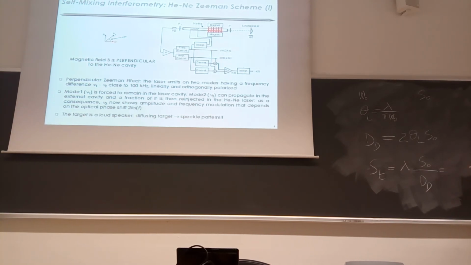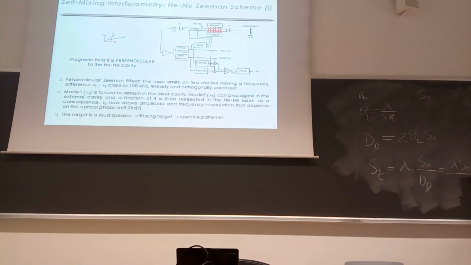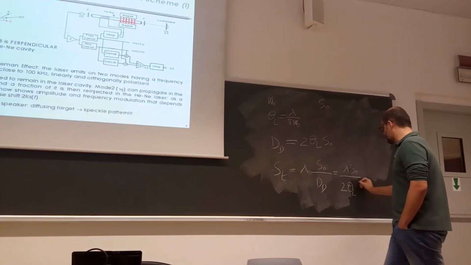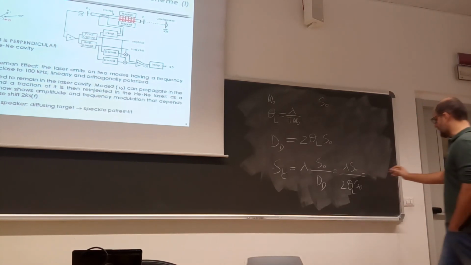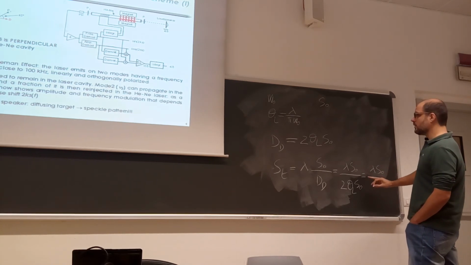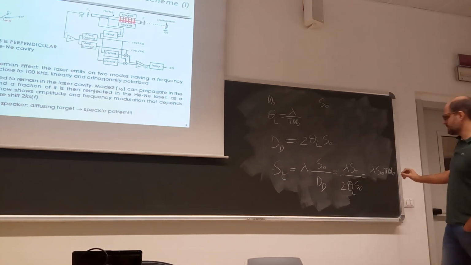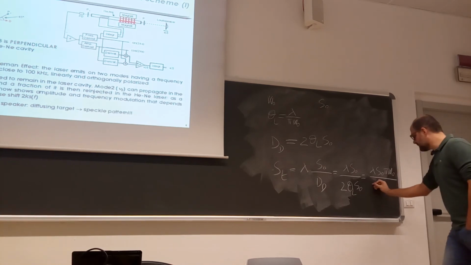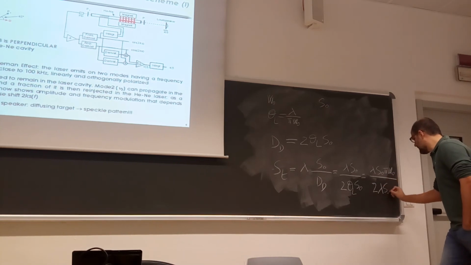So, let's go on. What we get is lambda S0 divided by 2 theta L S0, and with theta L equal to lambda over pi W0, we have lambda S0 multiplied by pi W0 divided by 2 lambda S0.